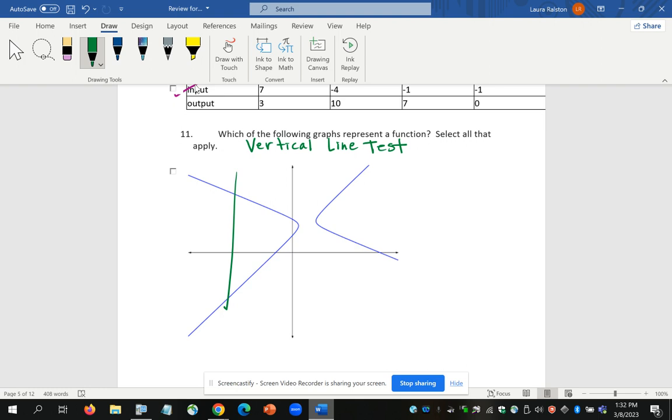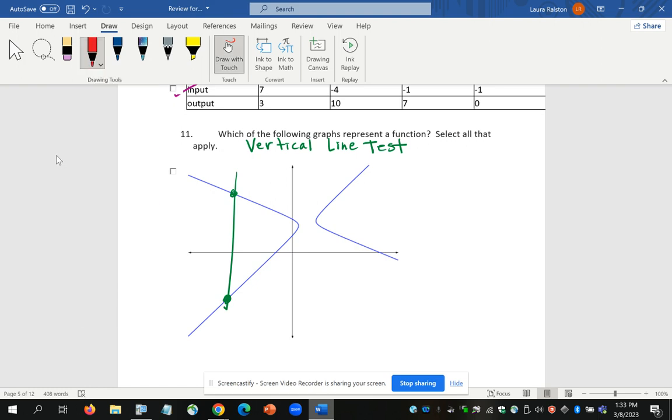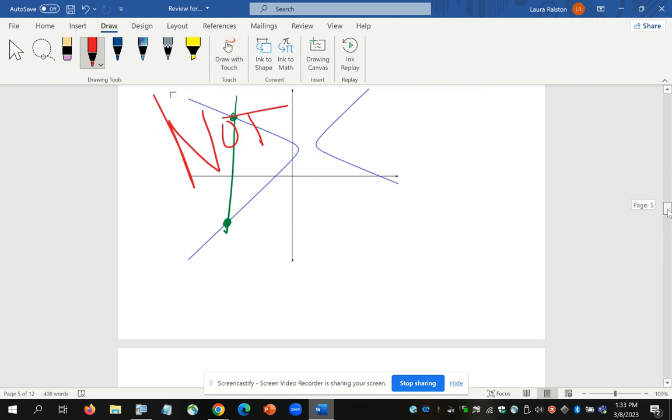If it crosses more than once, that's bad. So in this case, notice I cross 2 times at that particular point. That means that particular graph is not a function. I wanted to write it big so you would see it.